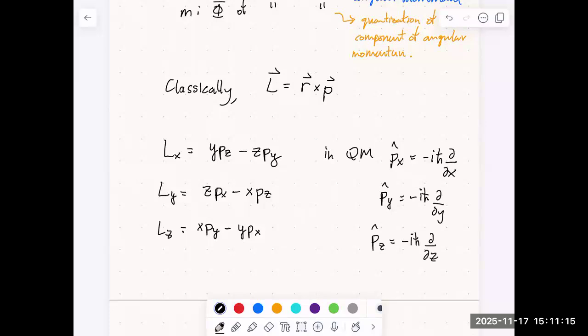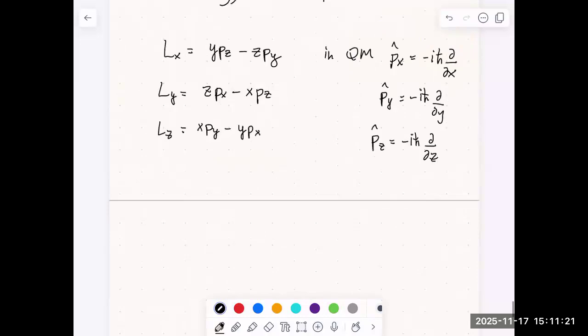So let's consider the commutator between Lx and Ly, and let's see what happens.